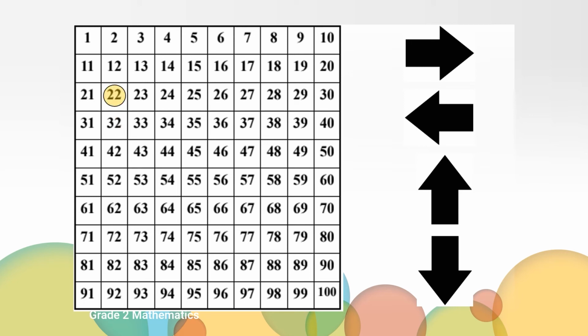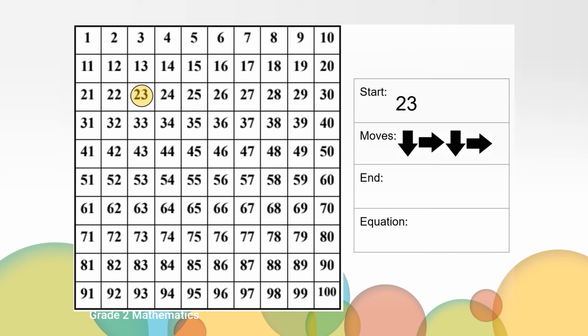What's happening when we go up on the hundreds chart? We're subtracting 10. The arrow pointing down means you go down one space like this. What's happening when we go down one space on the hundreds chart? You got it, we're adding 10.